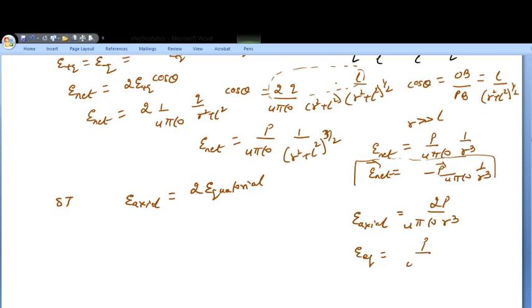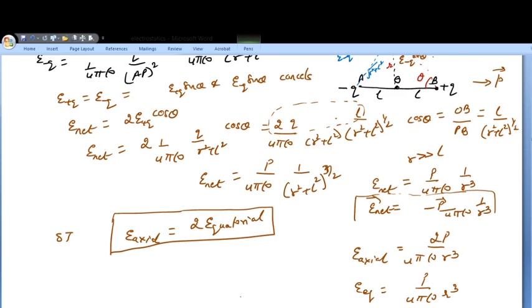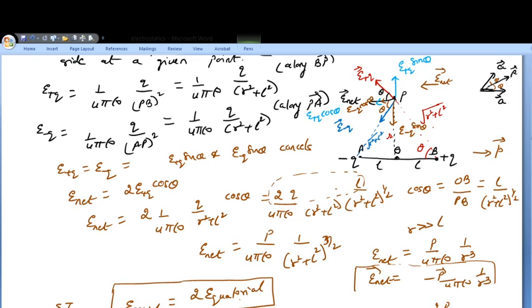It is P upon 4 pi epsilon naught r cube. So you can easily see that E axial is twice E equatorial. This is a very important derivation from the exam point of view. If they ask for 5 marks that you have to prove E axial is double of E equatorial, then you have to prove both the equations and you can get it.